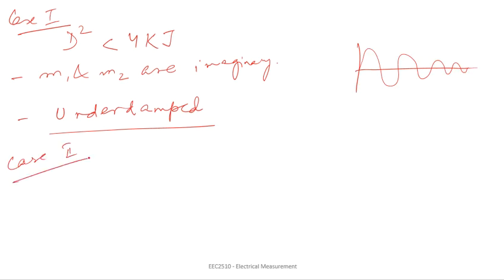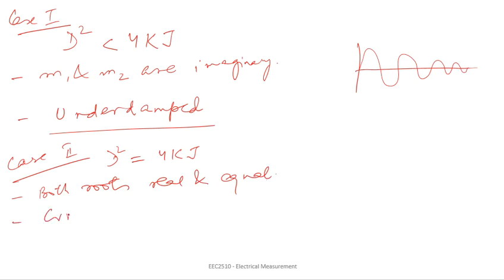The second case is when d square equals 4 times kj. In this case both roots will be real and equal, and the response will be critically damped.